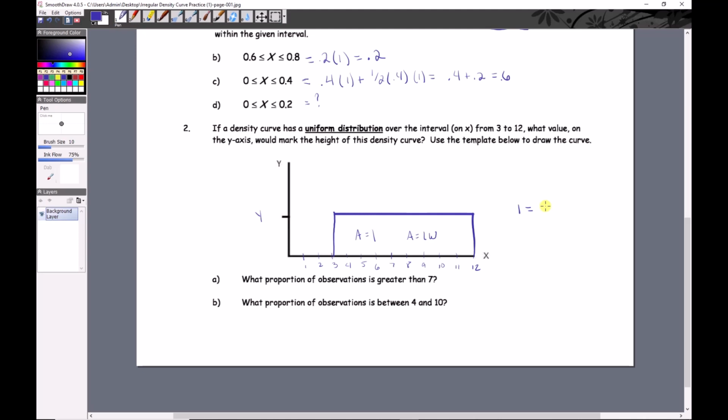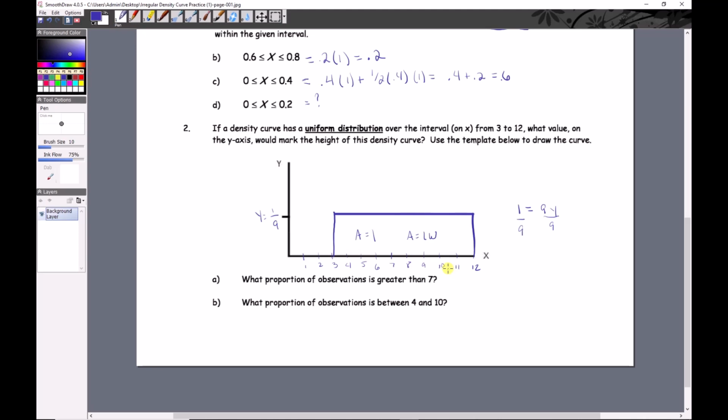That's going to equal 9 times y, right? And to solve for y, you just divide by 9. And so y here is going to equal 1 over 9. Because think about it, 1/9 times 9 is 1, right? So that's how you figure this thing out.